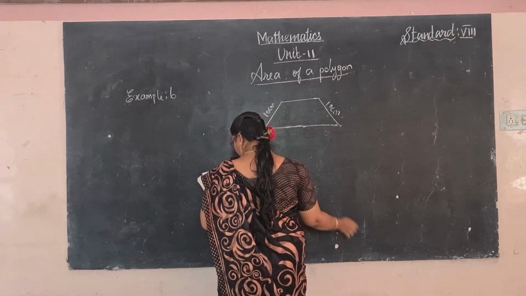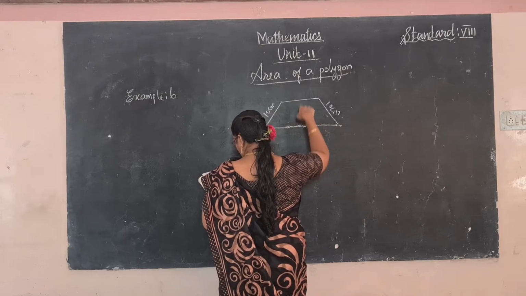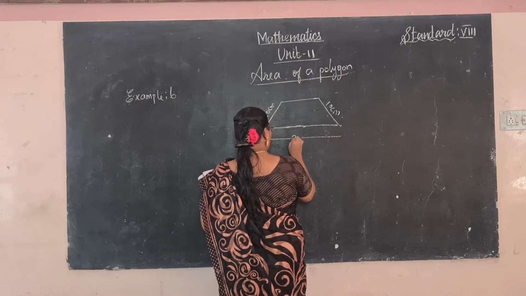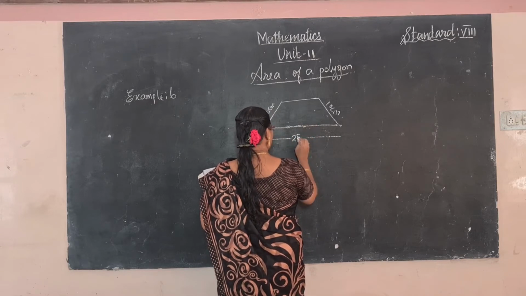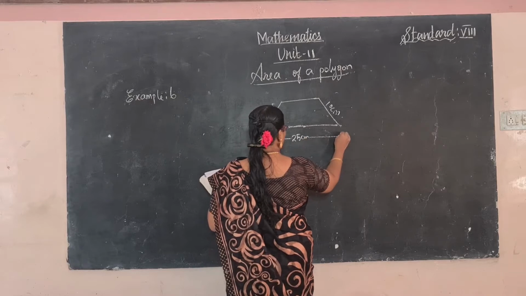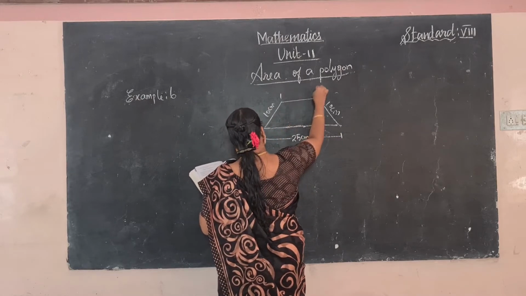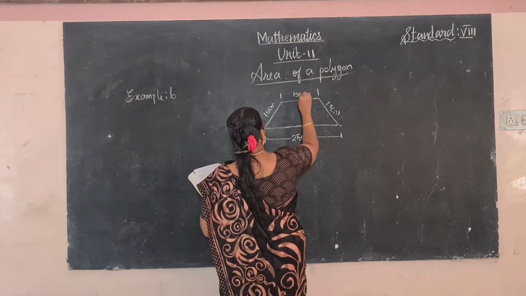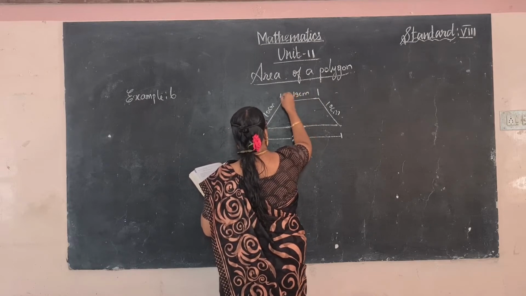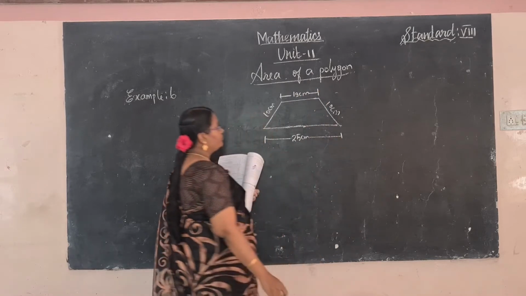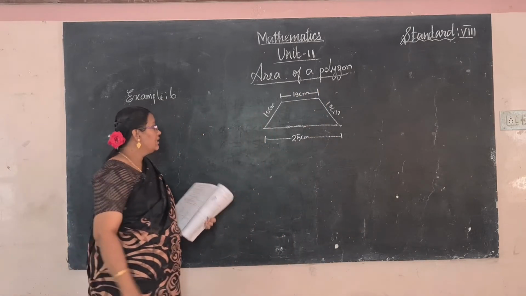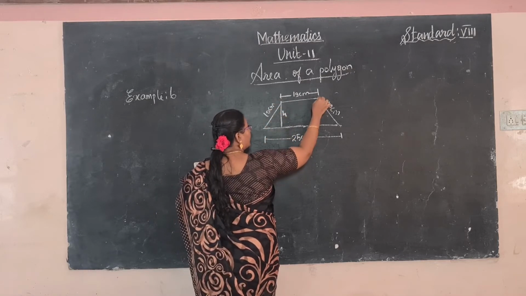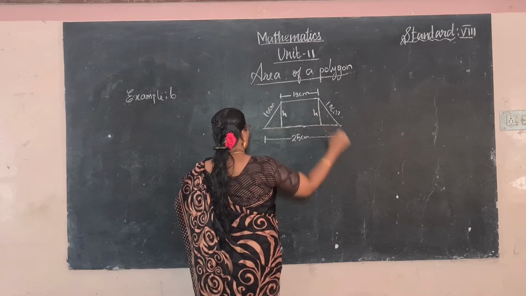And these are the parallel sides: 25 centimeter and here 13. Okay? Right. This is the height. You know that? This is the height. Right. Okay.